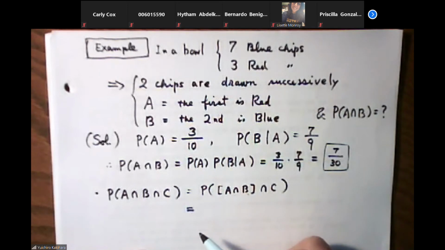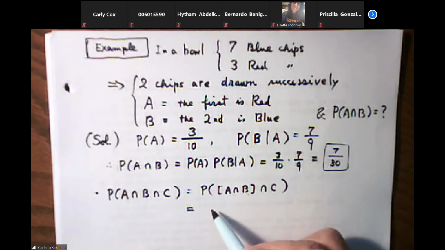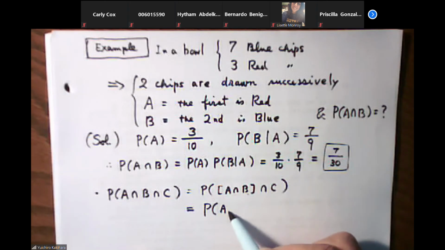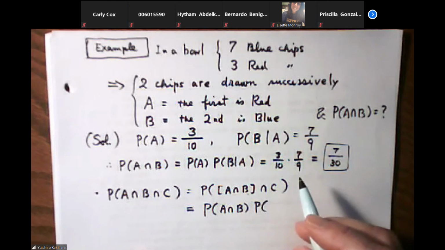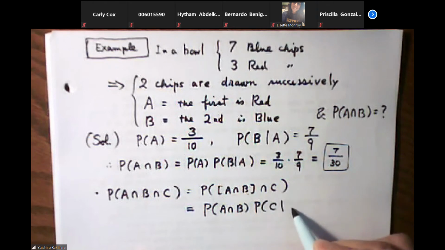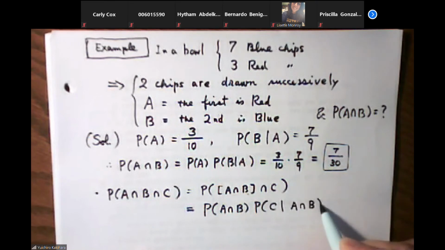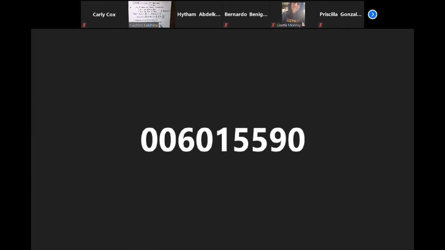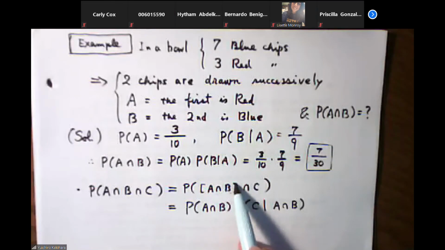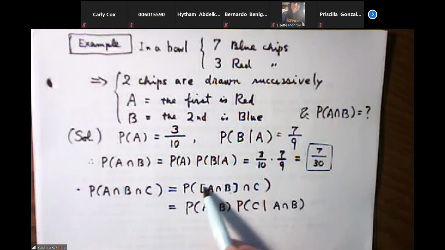So if you write this, this is going to be the probability of A intersection B times the probability of C conditioned by A intersection B. Is that right? You can write it like this. Do you agree? Yes. Okay, good. So this is the intersection of 2 things, and then we can apply the 2 event case.